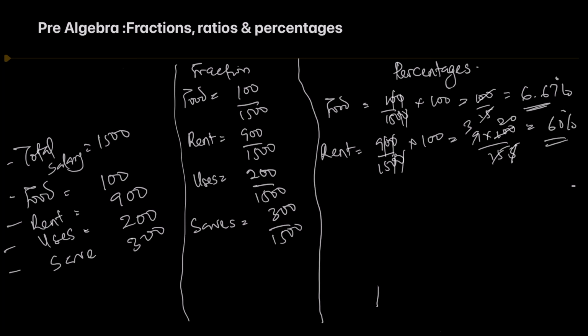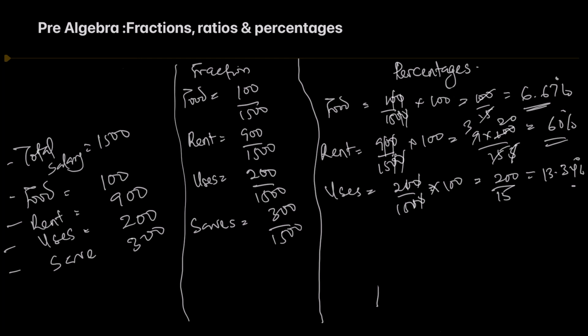Okay. And then you go to the use cases, and then you have 200 over 1.5, right? And then you multiply it by 100, and then you have 200 and you have 15 divided, right? So here you have something around 13.34%, right?